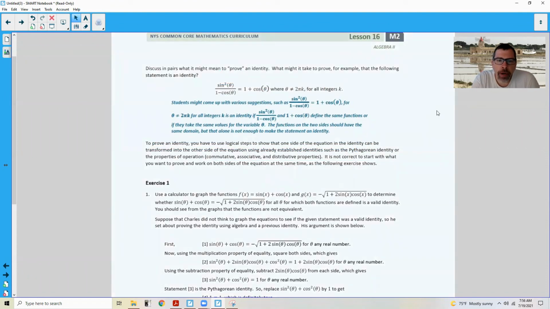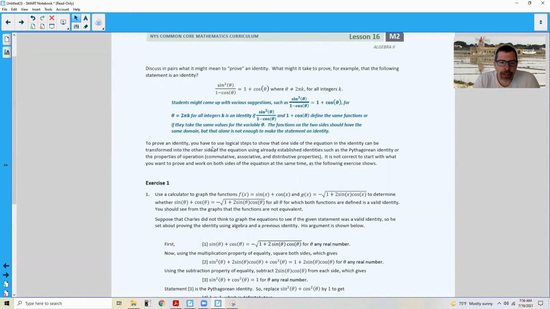Students might come up with various suggestions, such as: sine squared theta over 1 minus cosine theta equals 1 plus cosine theta, for theta not equal to 2 pi k for all integers k, is an identity if sine squared theta over 1 minus cosine theta and 1 plus cosine theta define the same functions, or if they take the same values for the variable theta. The functions on the two sides should have the same domain, but that alone is not enough to make the statement an identity.